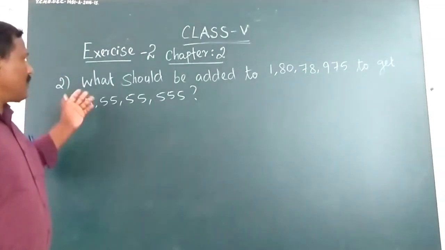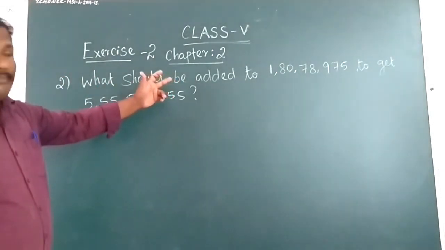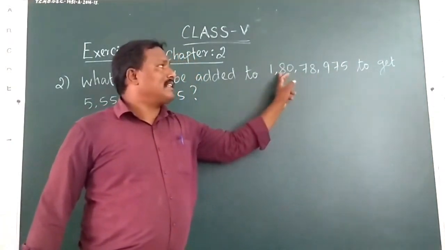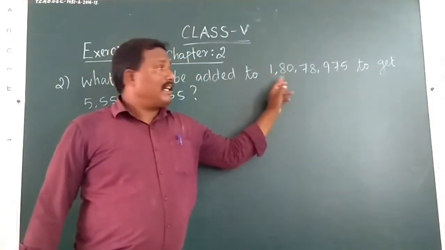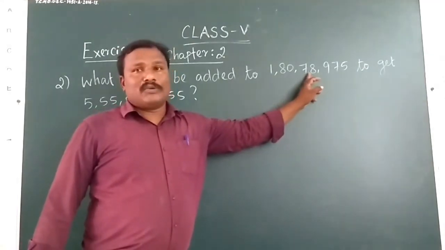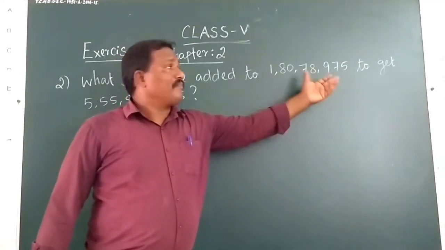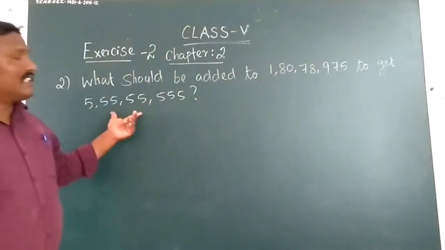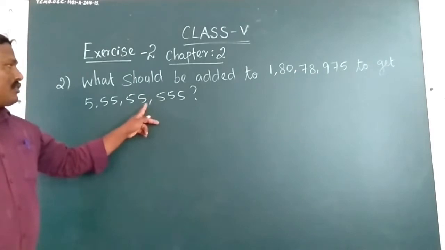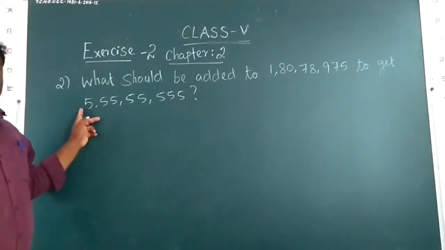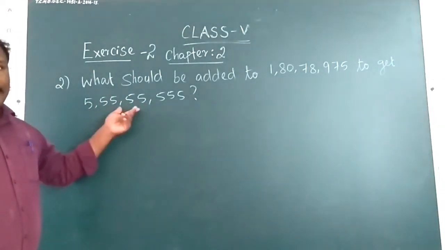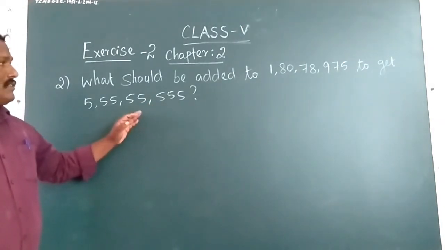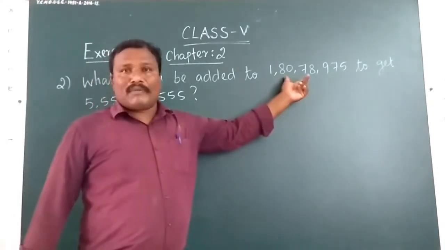The sum is: what should be added to 1 crore, 80 lakhs, 78,975 to get 5 crore, 55 lakhs, 55,555? So here number 1 is there.